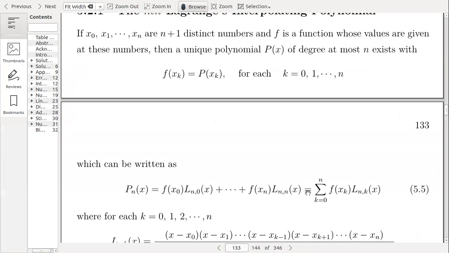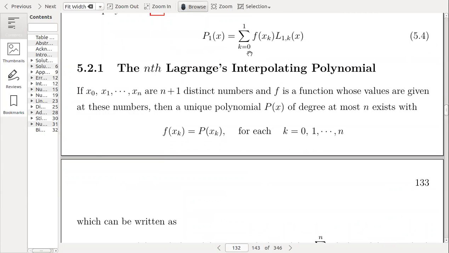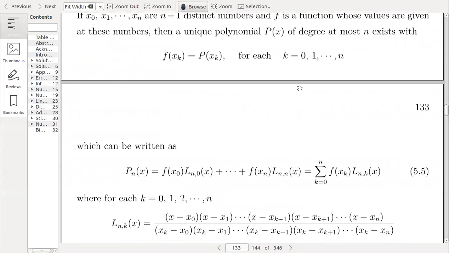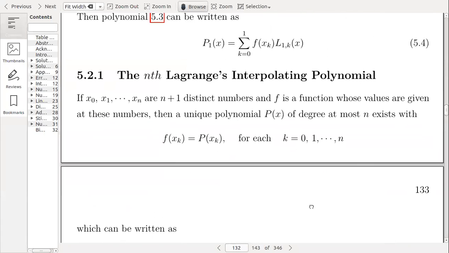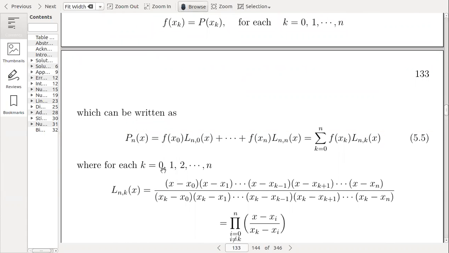And if we go from 0 to n, we will have n plus 1 Lagrange coefficients. If we just replace this 1 with n, we will have the nth degree Lagrange interpolating polynomial, for each k equal to 0, 1 to n.